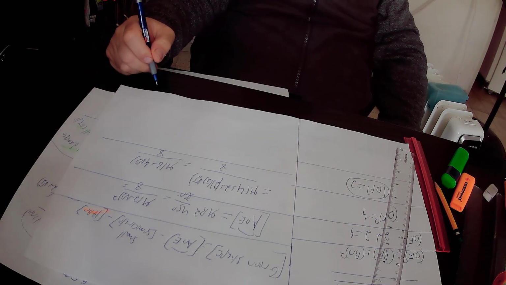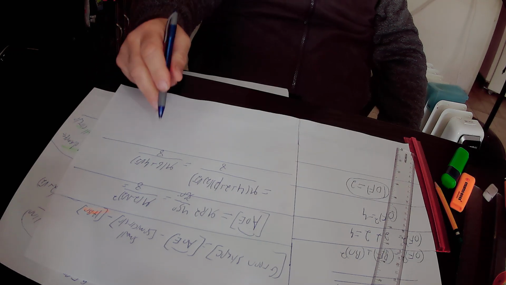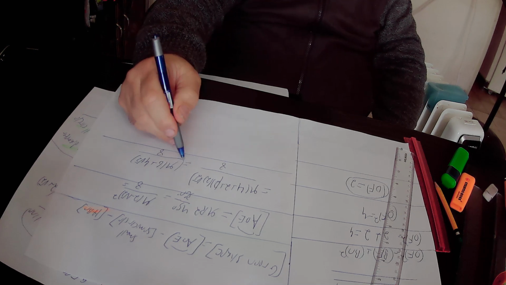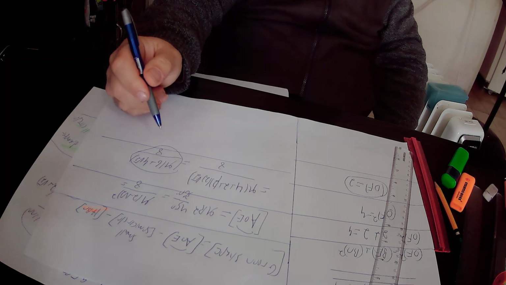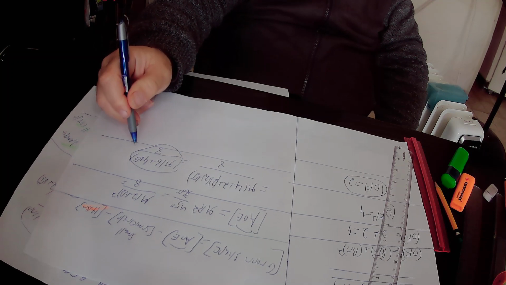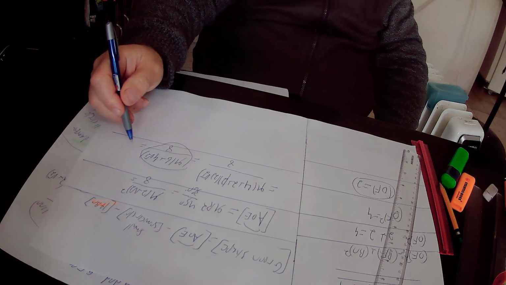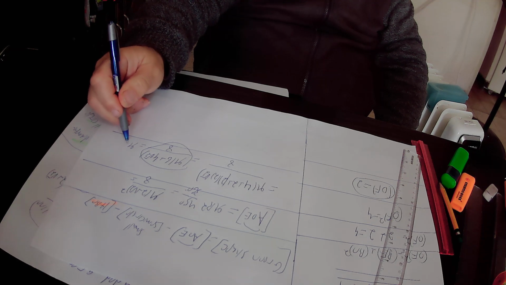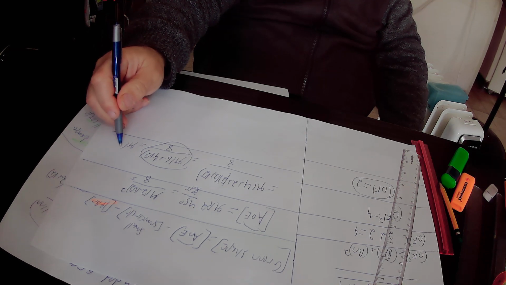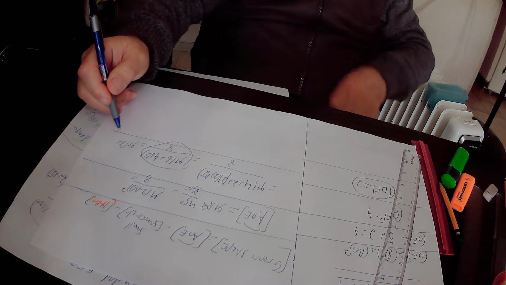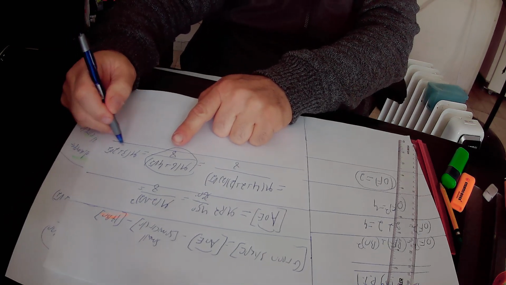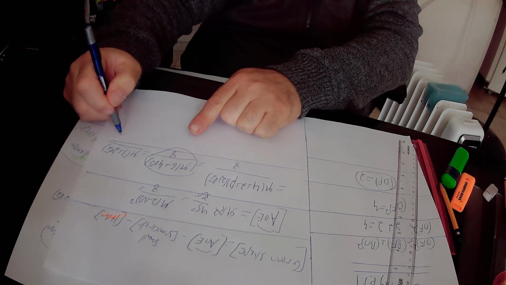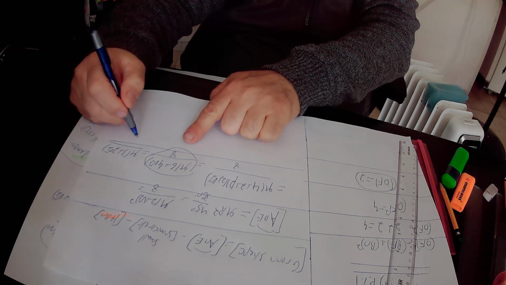Here we divide both the numerator and the denominator by 2, and we get pi, inside the brackets 6 over 2 is 3, plus 4 times square root of 2 over 2 is 2 times square root of 2, and 8 over 2 is 4.